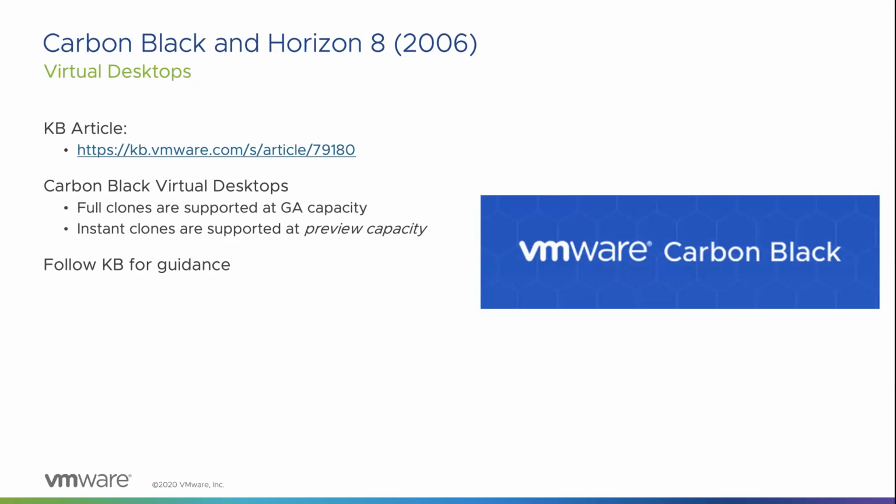Carbon Black. So you probably heard that VMware acquired Carbon Black this year. This is an exciting acquisition for both our data center and our EUC workloads BUs. To be honest, I was very excited because working out in the field for years, getting antivirus working on EUC-based workloads was always a difficult challenge.